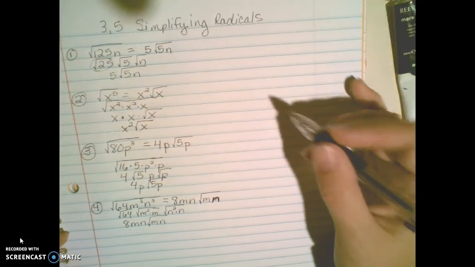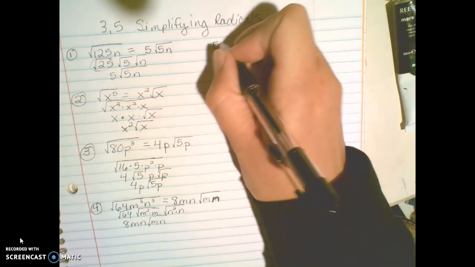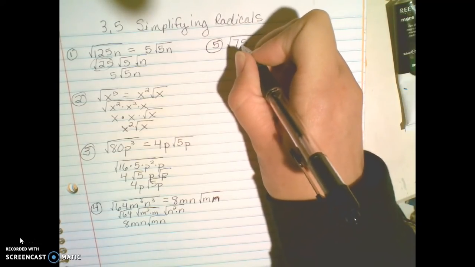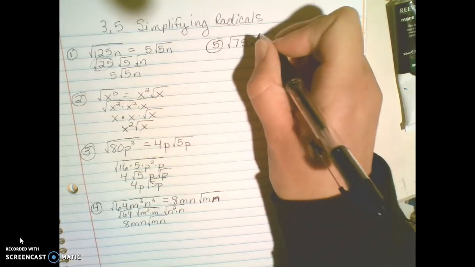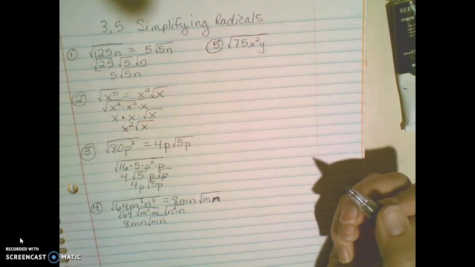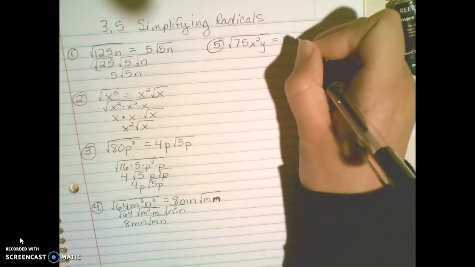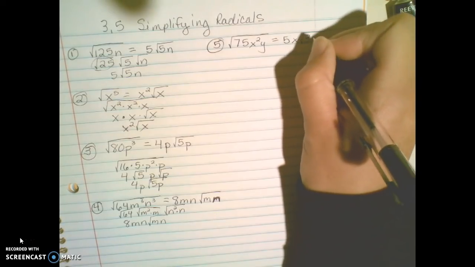Okay, let's try another one over here. So here's number 5, square root of 75 x squared y. The answer to this one should be 5x square root of 3y.